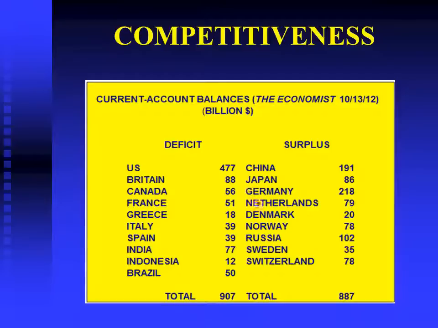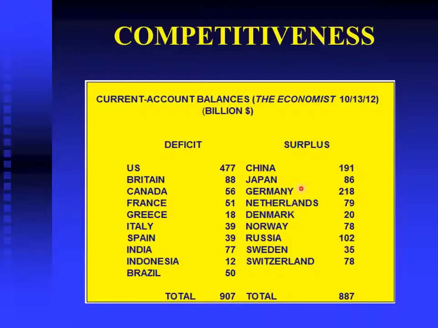Now, these are the countries instead with a current account surplus. Of course, everybody talks about China, which is $191 billion because of all the trade surplus plus the investments flowing into China. However, if you look at Germany, Germany has a current account surplus of $218 billion.